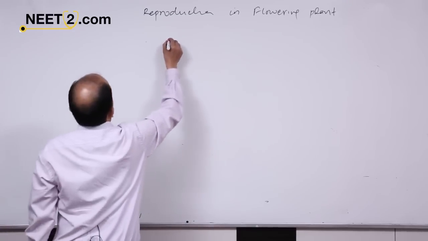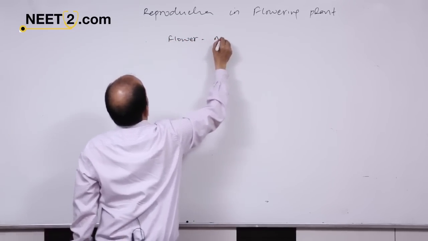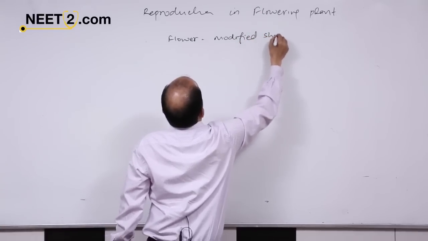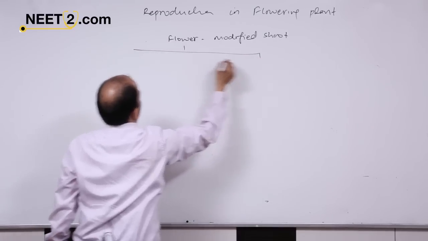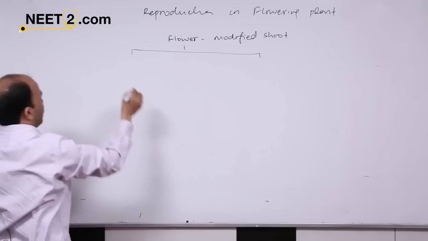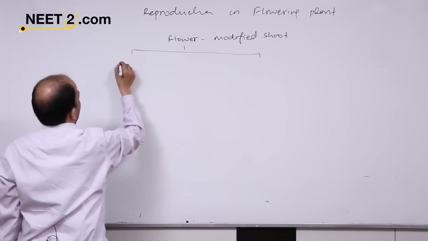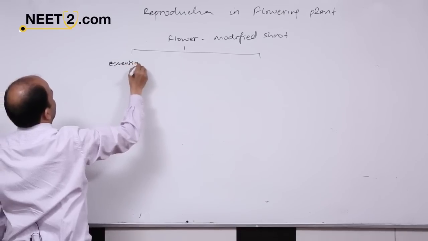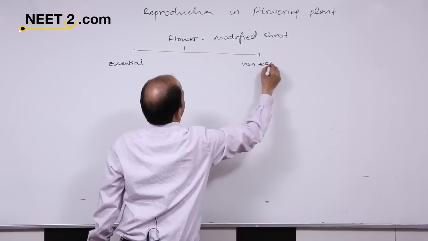So if flower is a reproductive part, flower is a modified shoot. What is a modified shoot? Flower has two types of parts. The one is the reproductive part, the second is the non-reproductive part, right? So essential parts and non-essential parts.